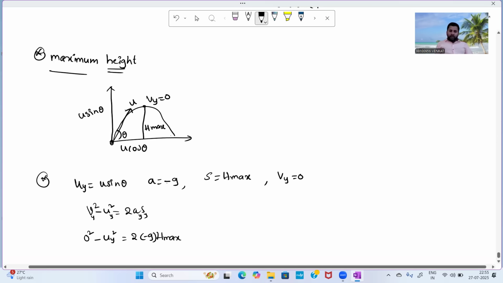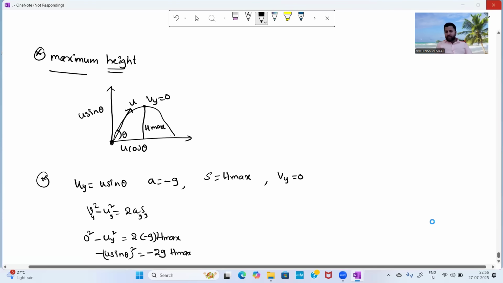Here, uy is the vertical component of velocity, u sin theta, whole square equals minus 2g h max.